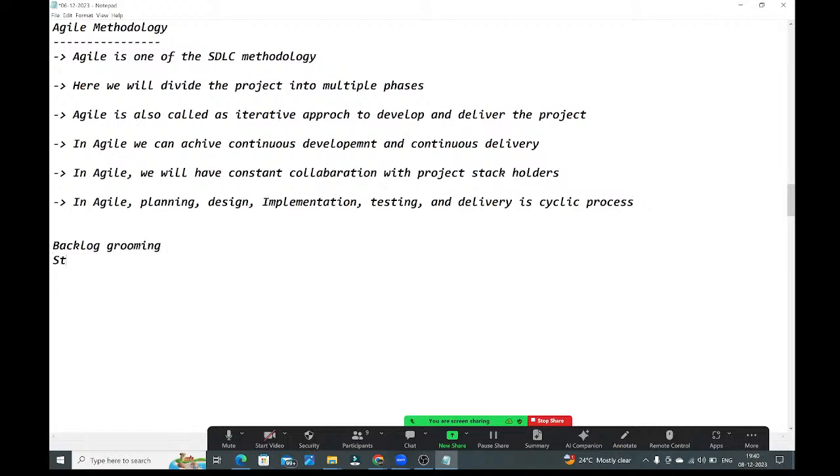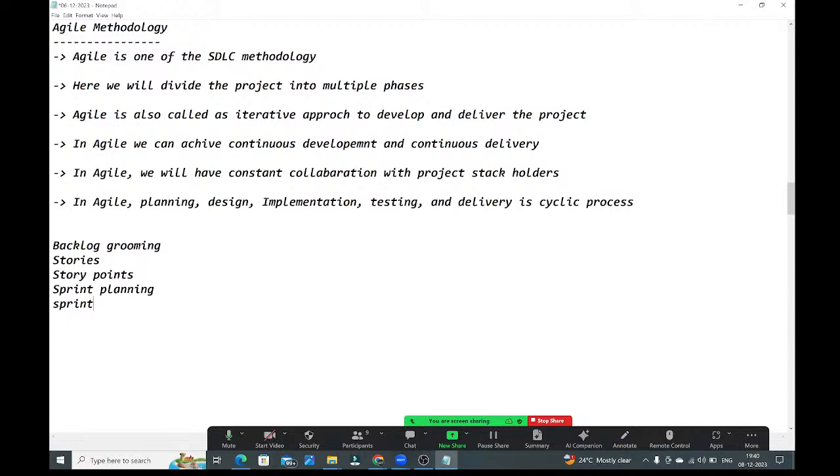Next, we will have stories, and we will have story points. Story points are available. And we have sprint planning. And the sprint: what is a sprint?